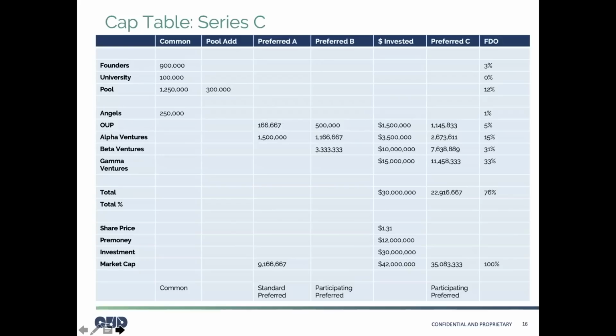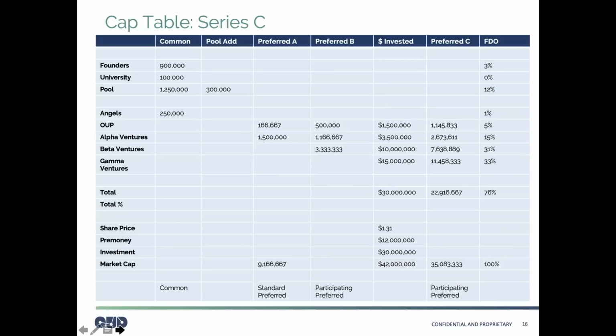What's not included here, and we didn't include it just because it's a little too complex and the math becomes confusing, relates to the weighted average anti-dilution provision we discussed earlier. Not only does the Series C at the lower price shift ownership from common and earlier investors to the Series C investors, but now the A and the B investors take a look at the new price, $1.31, and what the old prices were, $3 and $6.